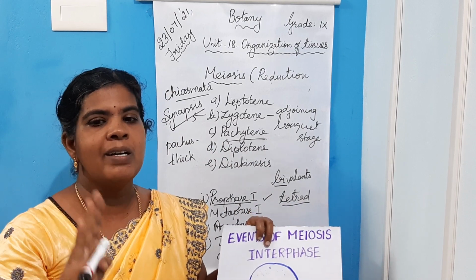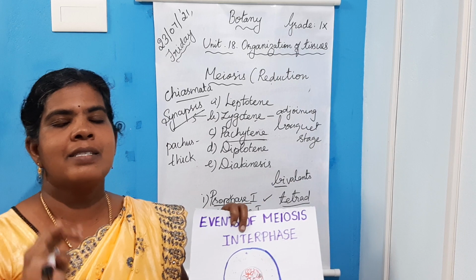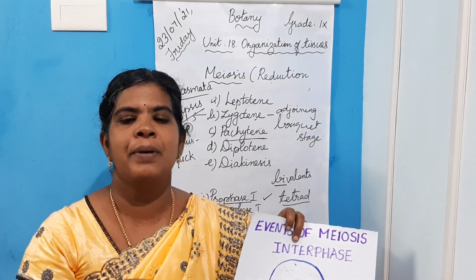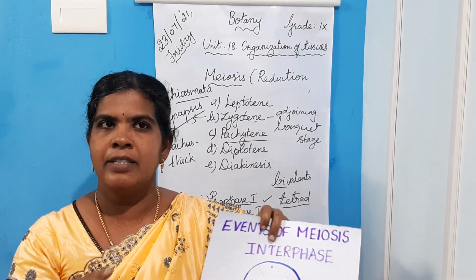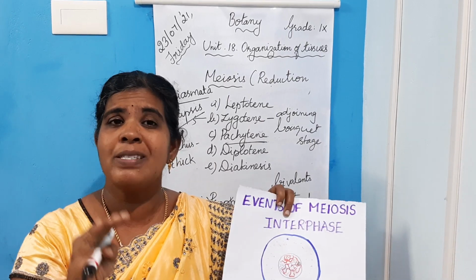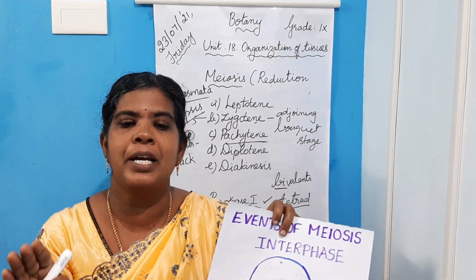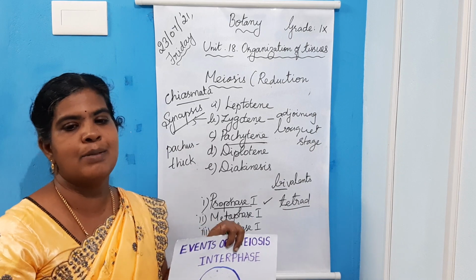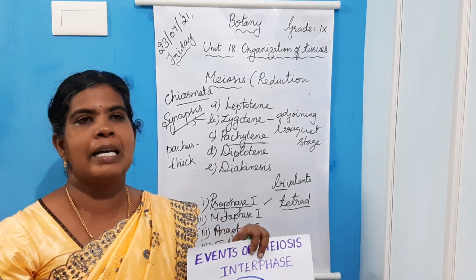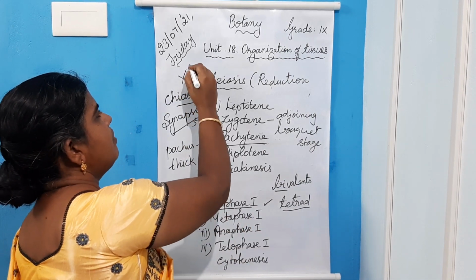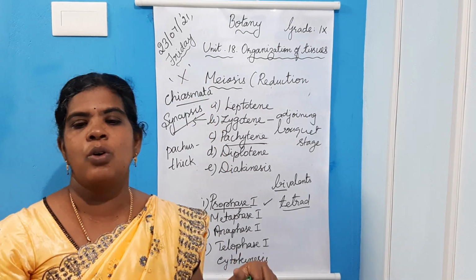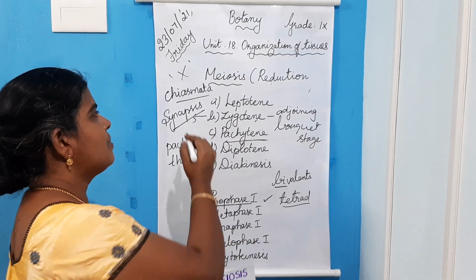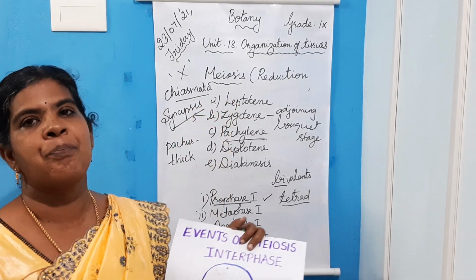So it is also called tetrad stage. Tetra means 4. The homologous chromosomes of each pair begin to separate, but do not completely separate, and remain attached together at one or more points by an X-shaped arrangement. This is called chiasmata.